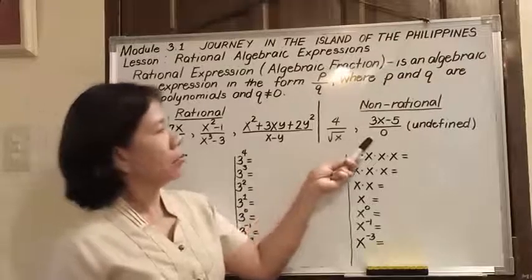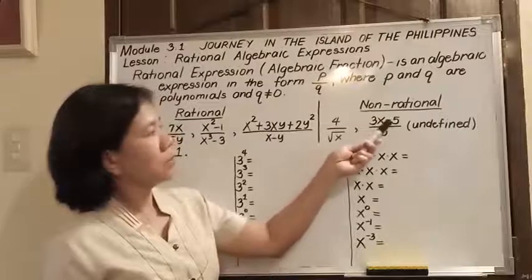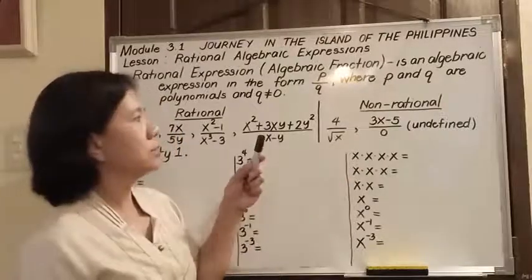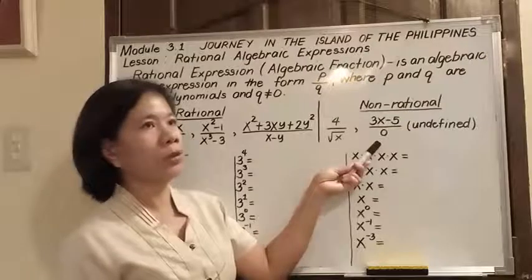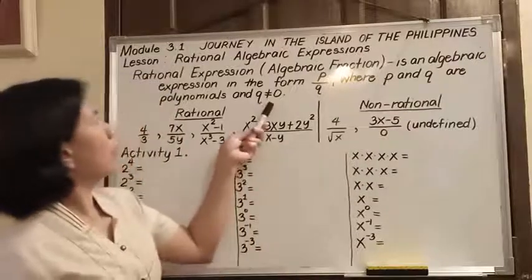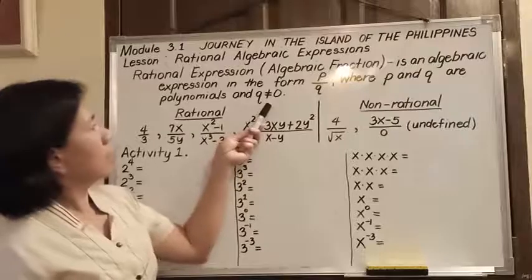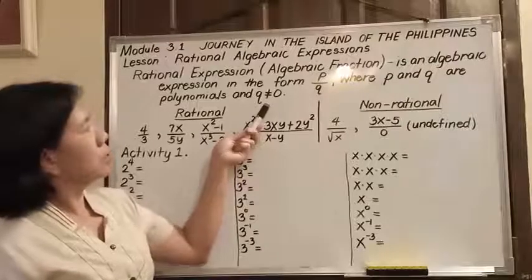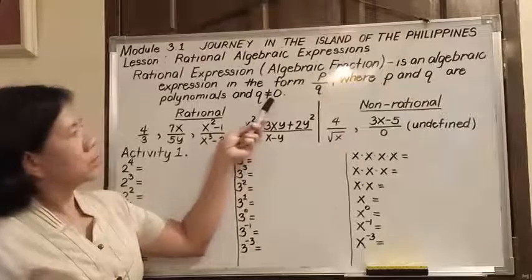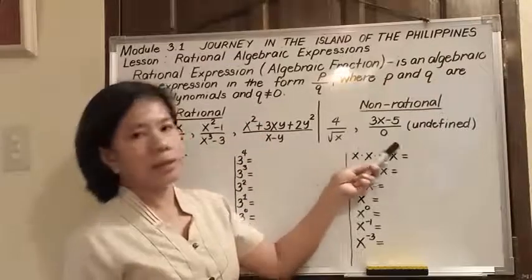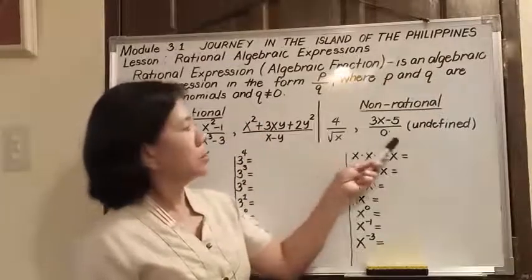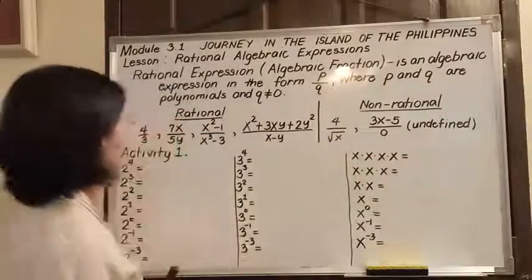The next example, 3x minus 5, the numerator is a polynomial, but the denominator is 0. Now, the condition for rational algebraic expressions, the denominator Q must not be equal to 0 because this is meaningless, and this is called undefined.